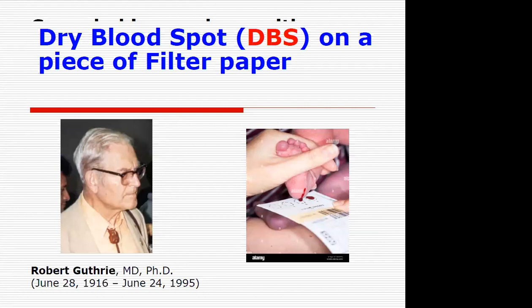So Guthrie invented a system in which you get a drop of blood from the baby's heel, put it on a special type of filter paper, and dry it. The dry blood spot is sent to the lab.